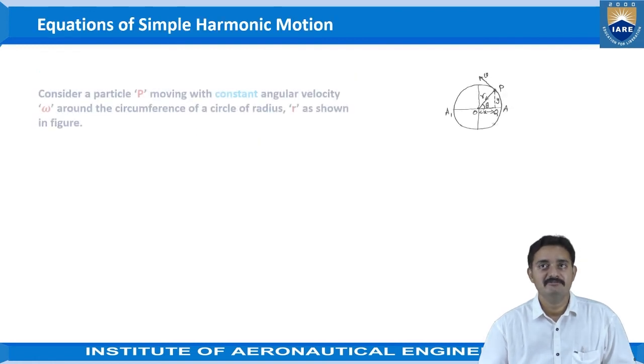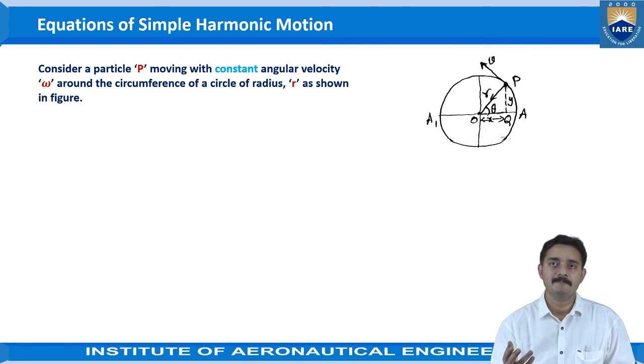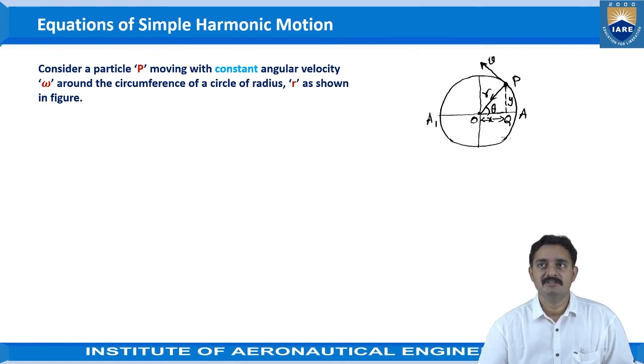Now coming to the equations of simple harmonic motion, let us consider an object that is executing simple harmonic motion. Consider a particle P in the figure moving with constant angular velocity omega around the circumference of a circle of radius r as shown in the figure.